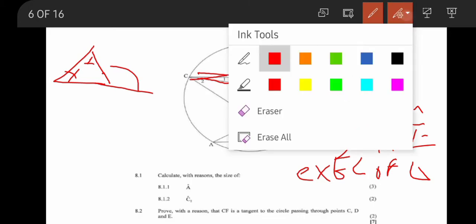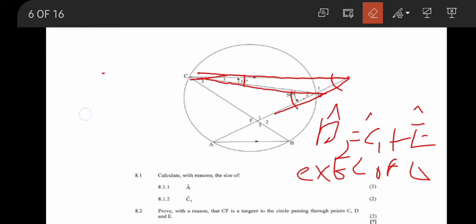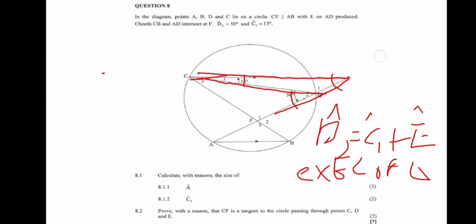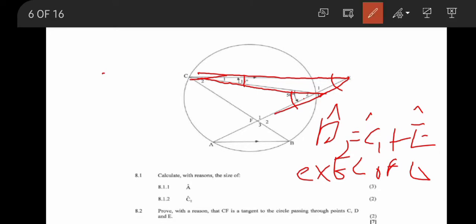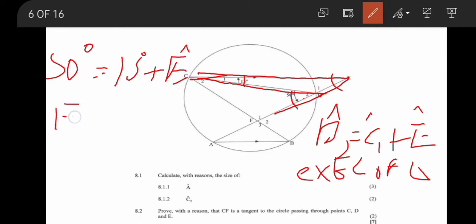Now that we have that, we can go, okay, what's our D2? Our D2 is 50 degrees. But what's my C1? My C1 is 15 degrees. Then now I'm looking for E. In order to calculate my E, I'm going to say E is 50 minus 15 degrees.